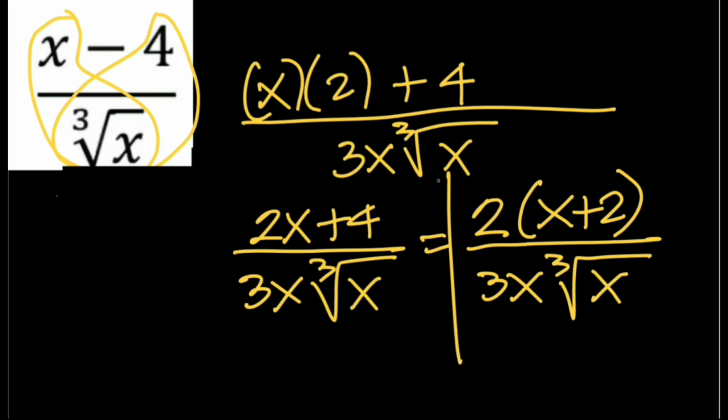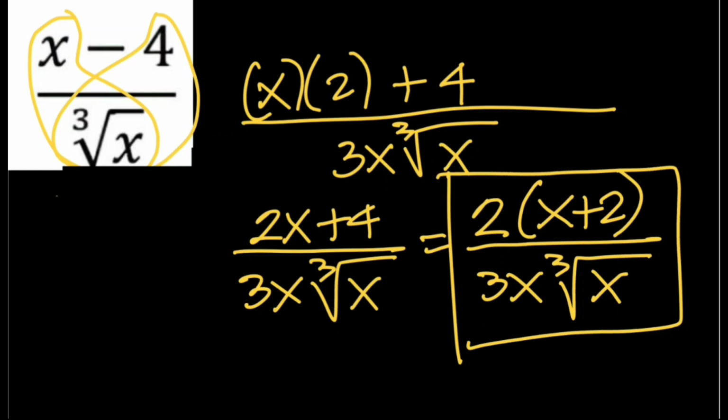So therefore this is our final answer. The derivative of x minus 4 over the cube root of x is equal to 2 times x plus 2 over 3x cube root of x.